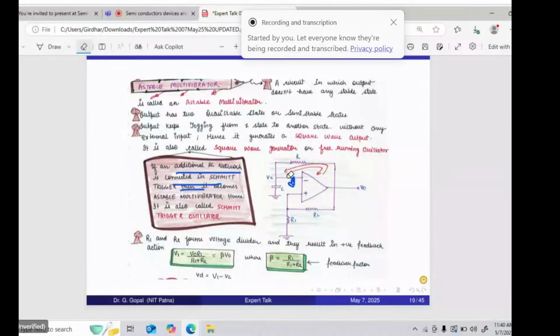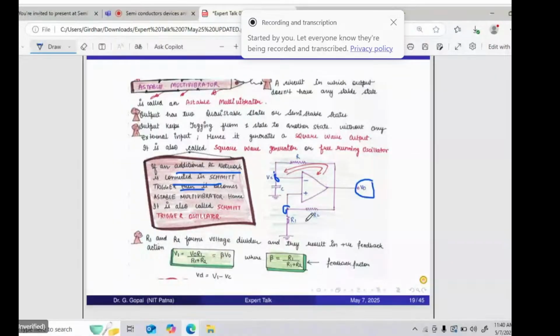Right. Now based on the same concept, what is V1 here? This node voltage is V1, and this is VC, the voltage across this capacitor. We know the output is plus Vsat and minus Vsat. Here these are the two resistances, R1 and R2. V1 is the voltage across R1, so V1 is V0 into R1 divided by R1 plus R2.